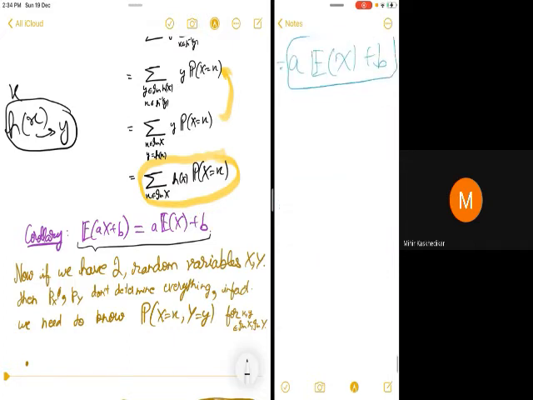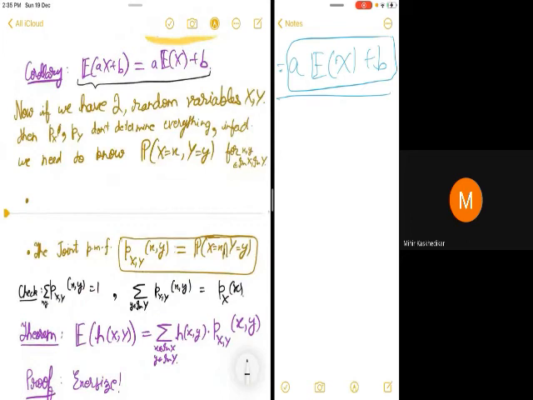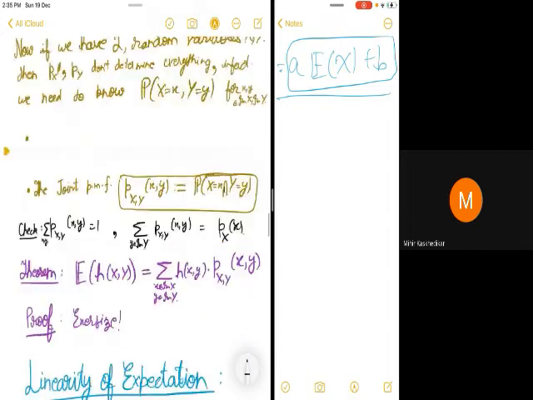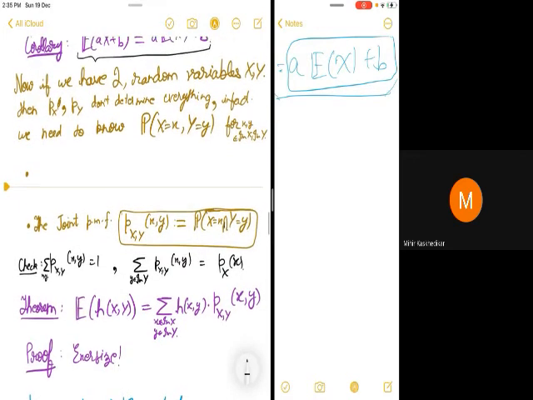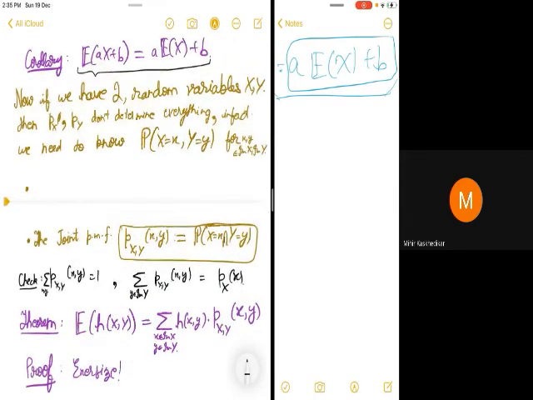You can try this proof later. It's similar to this, and the idea is what Mihir said: this is just an average, and sums preserve linearity. Now we do a similar thing, but we look at the interaction of two different random variables x and y.